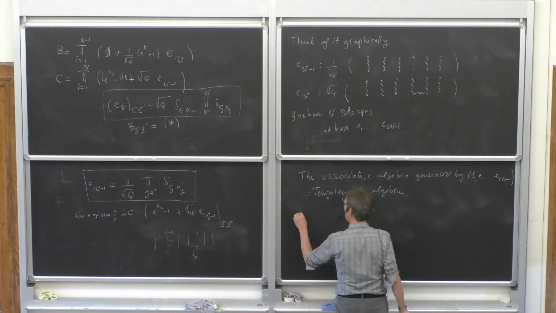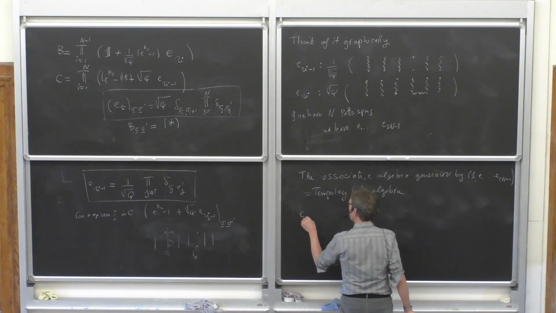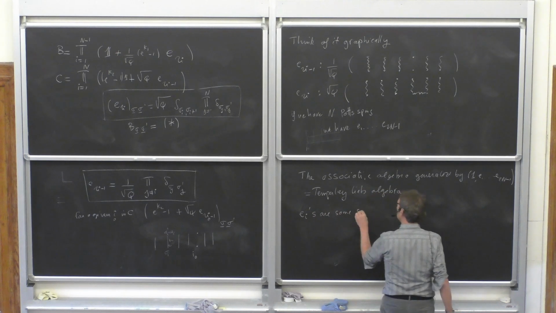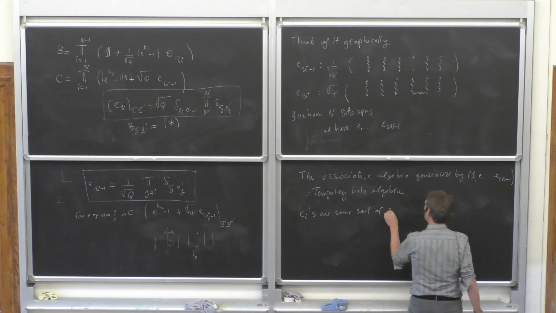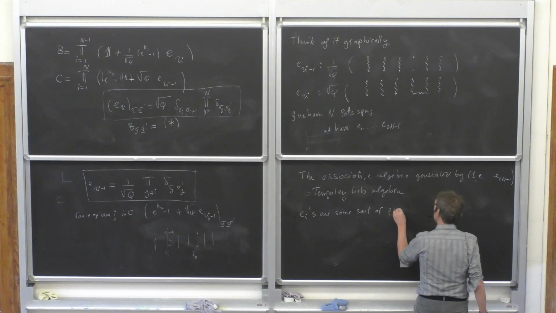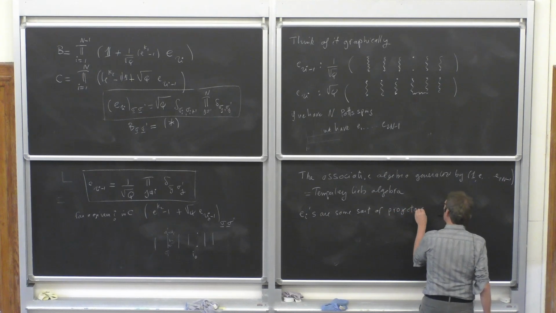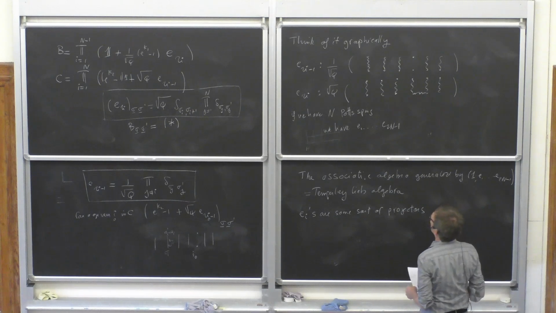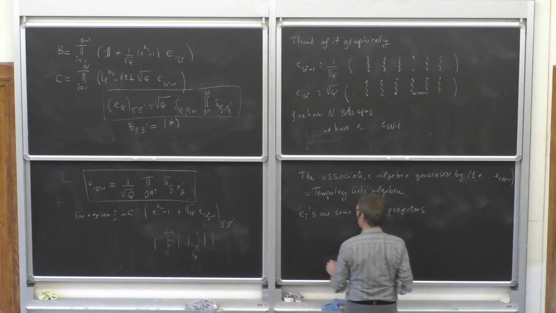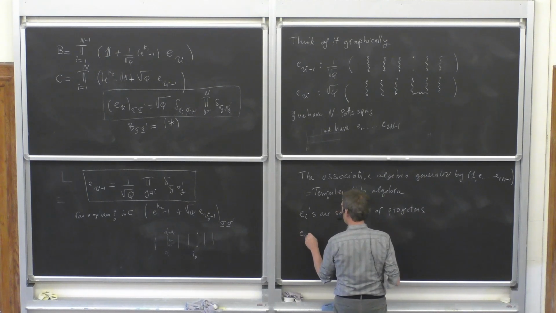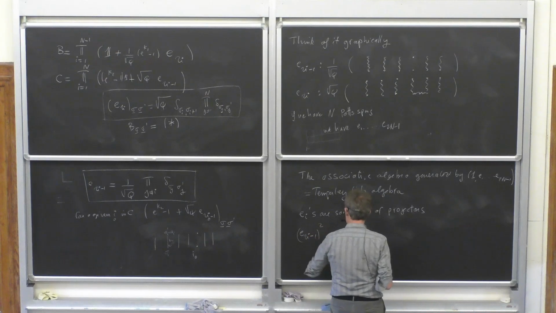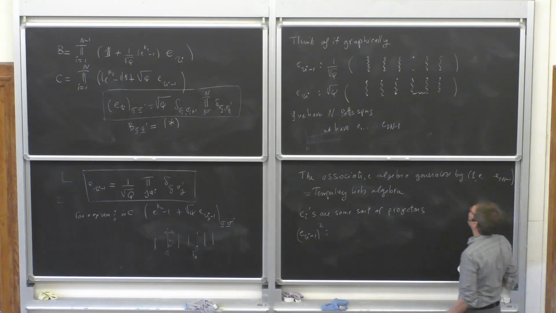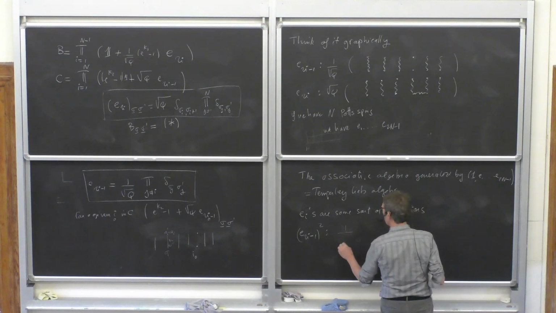First of all, the EIs are some sort of projectors. To see that, let's use our little graphical representation up there and see, for instance, what happens if we look at E2I minus 1 squared. Well, let me represent it graphically.